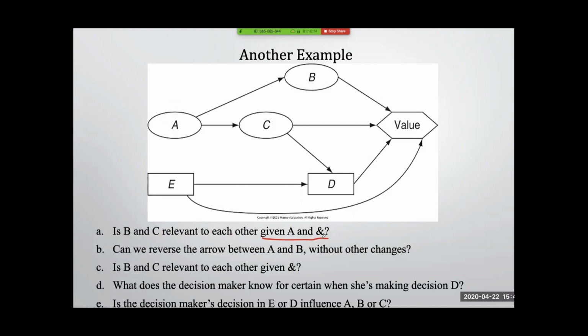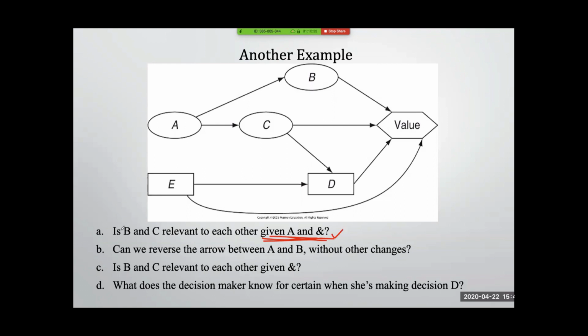First, look at whether this condition is satisfied or not. Meaning, is A sending an arrow to B? Is A sending an arrow to C? The answer is yes. Condition satisfied. Now the question is, are B and C sending an arrow to each other?